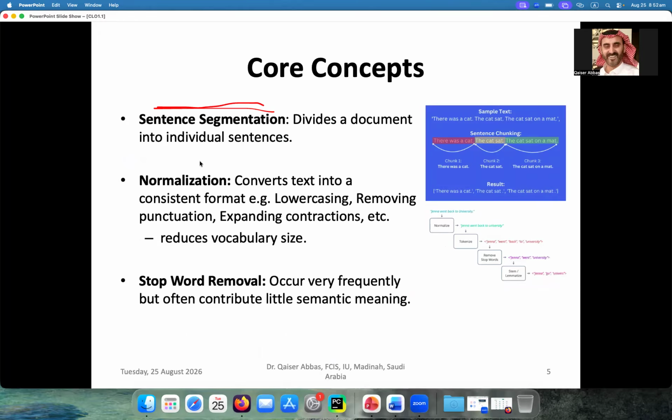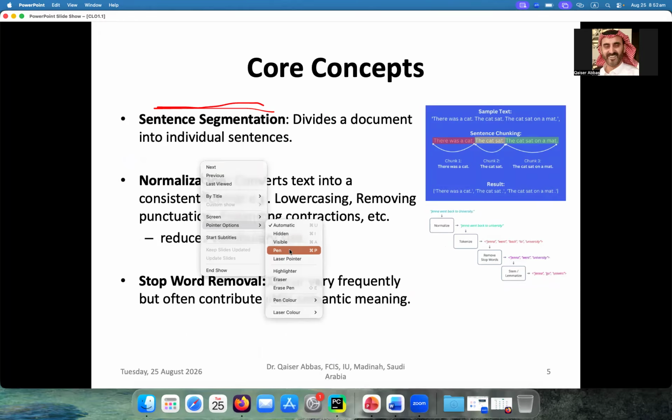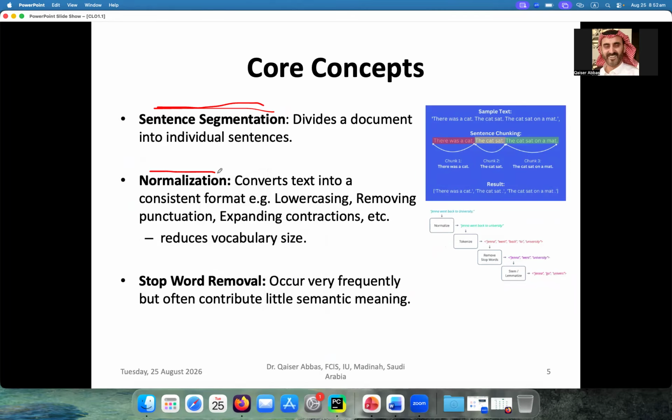Now, normalization. Normalization has different things in it. By applying this normalization, you normally convert your text into a unique, same, or consistent format.